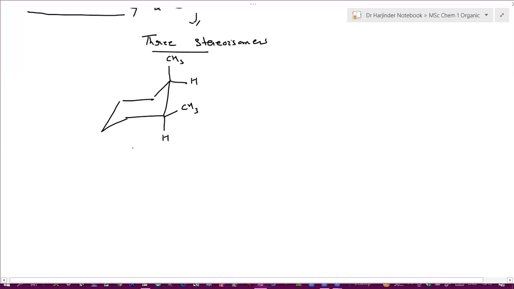Now what will happen in this case? This will rapidly interconvert into equatorial-axial by flipping. We have already discussed what flipping is in cyclohexane. So it will undergo flipping to give rise to equatorial-axial, or from the opposite side.